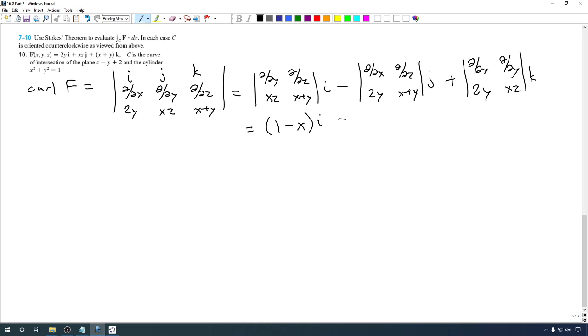This one, derivative of x plus y with respect to x, is 1. But then there's no z's in 2y, so the derivative with respect to z is 0. So we end up just getting a 1. So we have a minus j. Finally, derivative of xz with respect to x is z. Subtract the derivative of 2y with respect to y, which is 2. That's our k component.